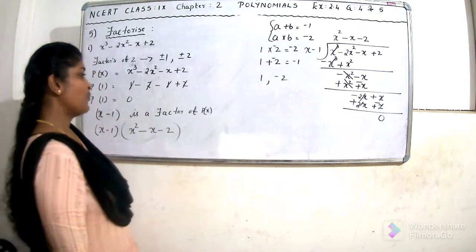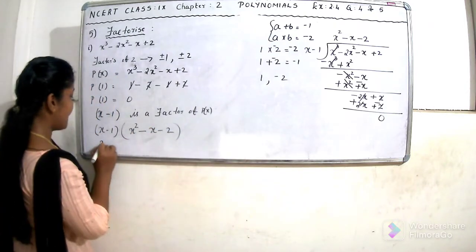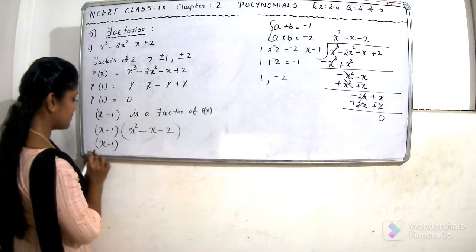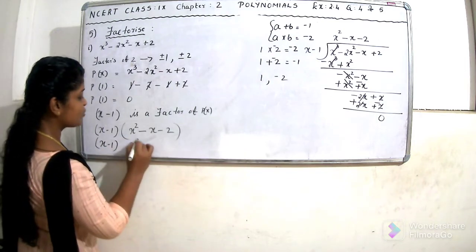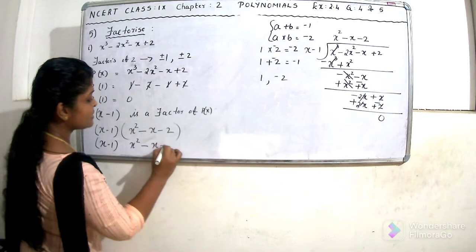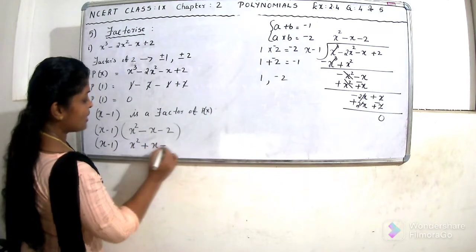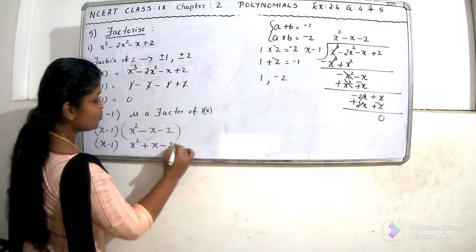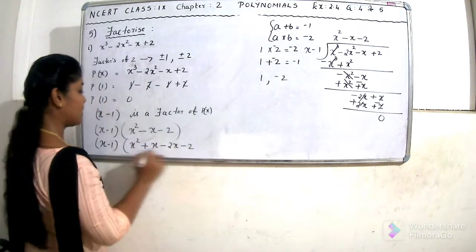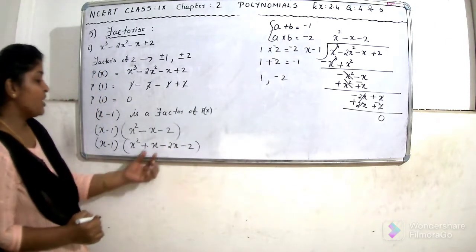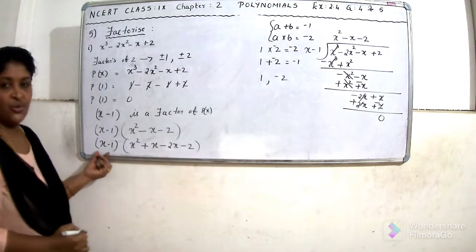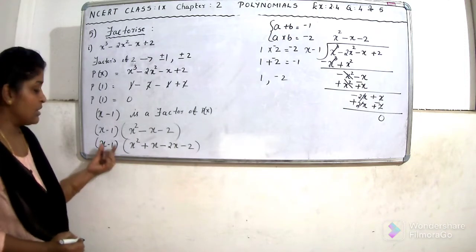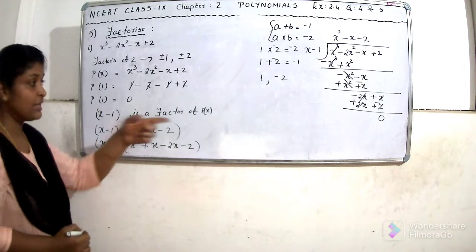So x minus 1, no change. Here we write x square as it is, then x minus 2x minus 2. Now next, no change here. This factor we can write this way till the last step.